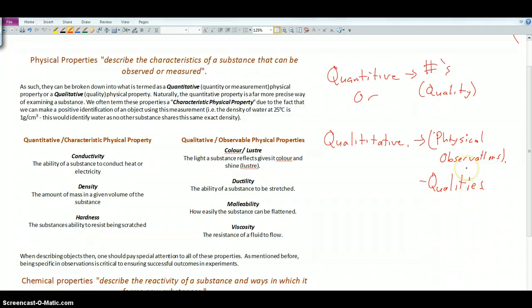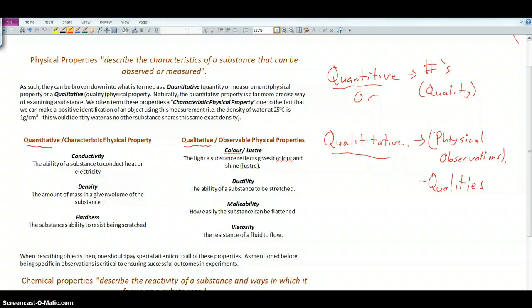Now this is important: you can use quantitative and qualitative for both physical and chemical properties. We're going to start today with physical properties, and there's two categories: the quantitative, which are measured, and qualitative, very observable, the qualities that you see.